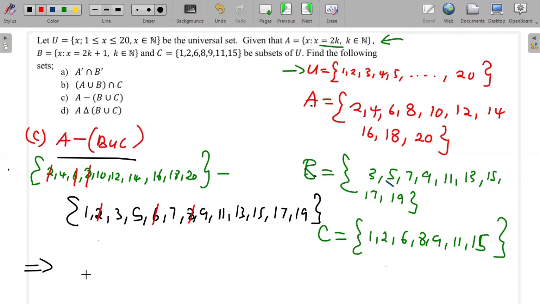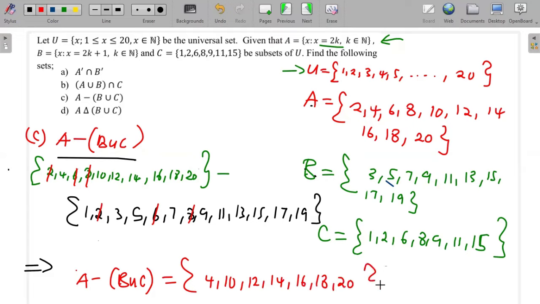So A minus B union C is equal to, removing the things that I've cancelled from A, just 4, 10, 12, 14, 16, 18, and then 20. Okay, so this is going to be our answer there. So any questions there now?